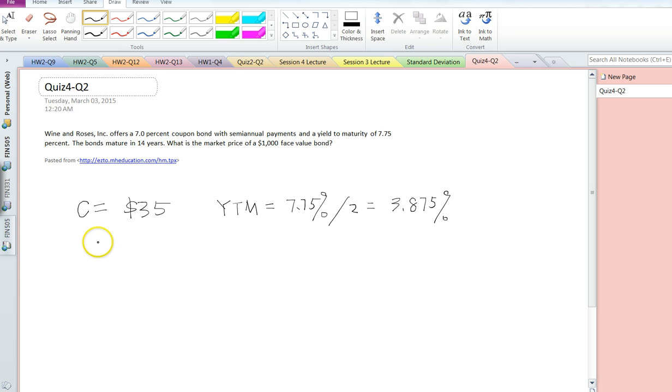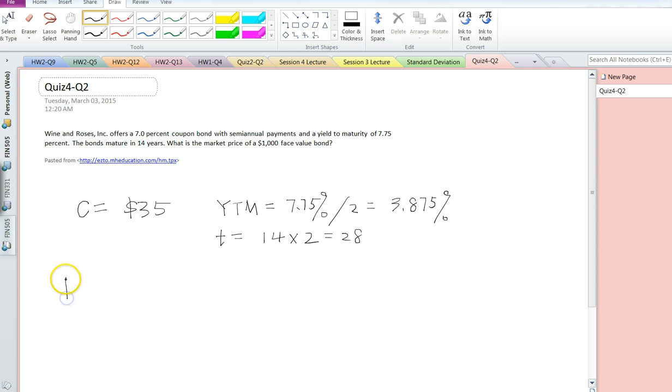And the maturity should also be in terms of the semi-annuals. So that means the T, that stands for the maturity, that should be 14 times 2, which is 28. And face value, we don't have to do anything about that.